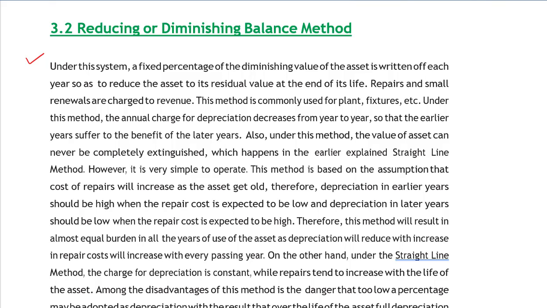Under this system, a fixed percentage of diminishing value of the asset is written off each year so as to reduce the asset to its residual value. So under diminishing balance method, the percentage is fixed, say 10%, but the amount will differ.